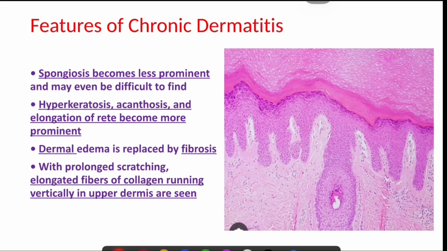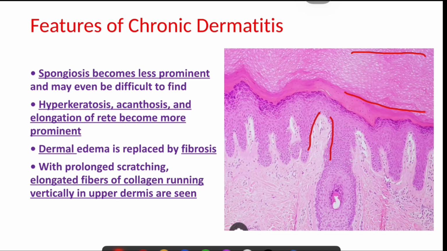And in chronic, you can identify marked hyperkeratosis, but spongiosis will be less prominent compared to acute eczema, and here there is acanthosis.